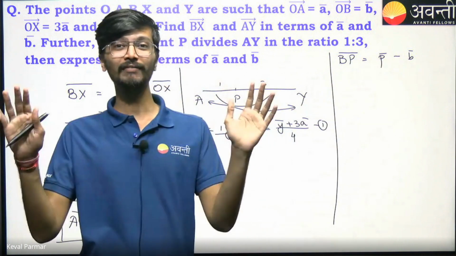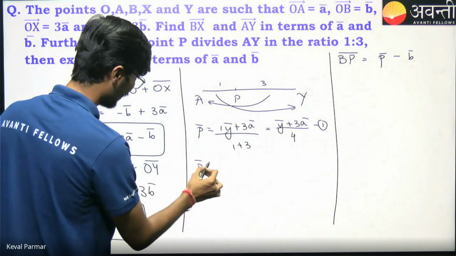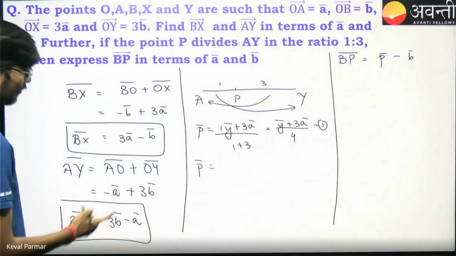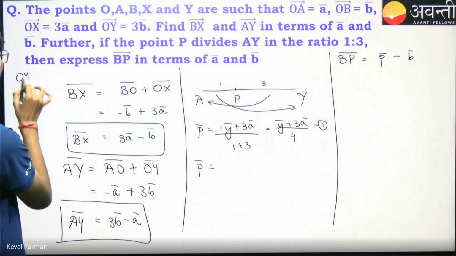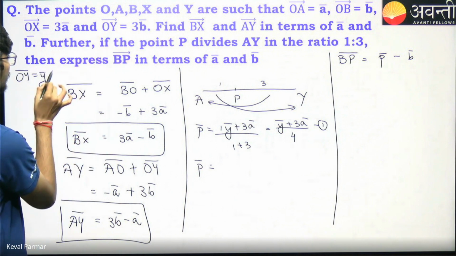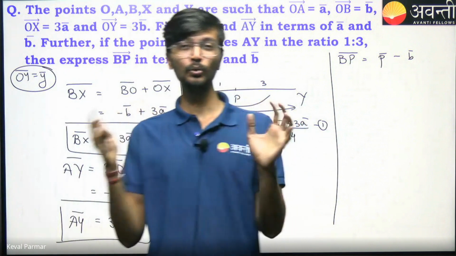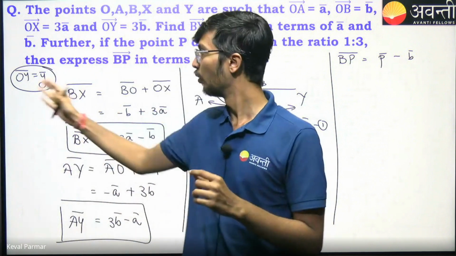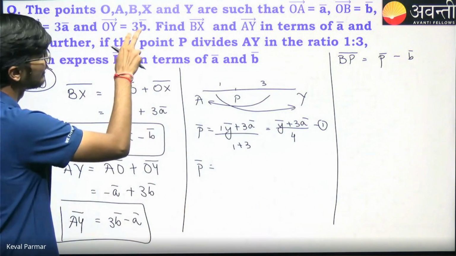We don't want Y bar, so let us substitute Y bar here itself. What is Y bar? OY bar is basically Y bar, right? I hope you remember this: for position vectors, we do not write OY bar, we can easily write it as Y bar. That is given as 3B bar.